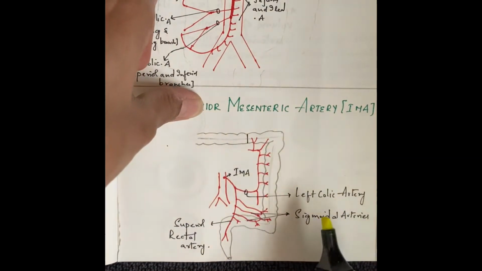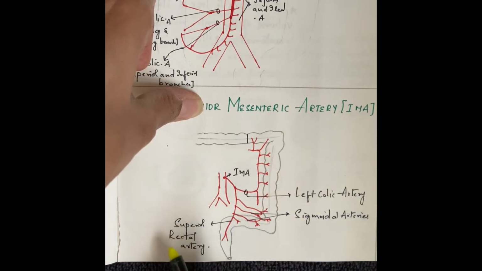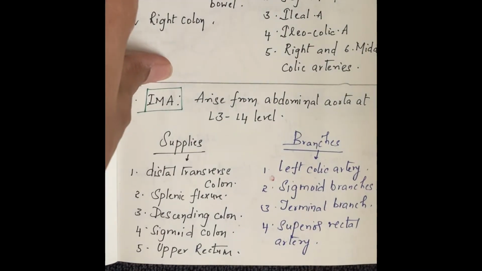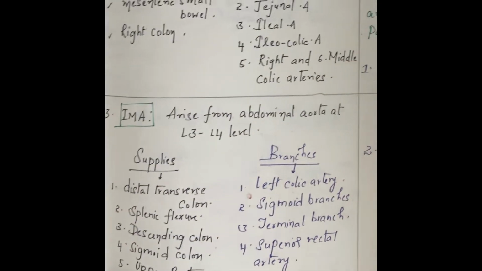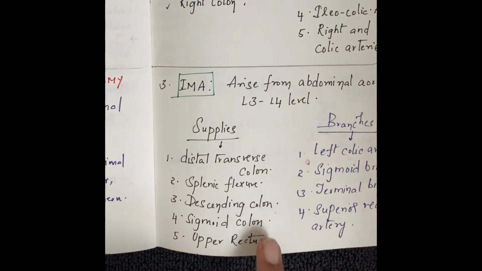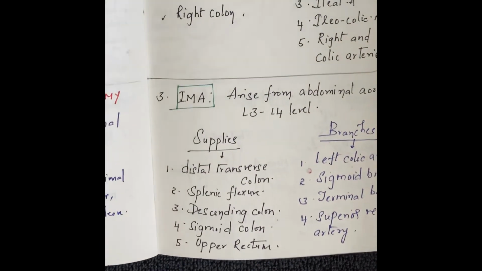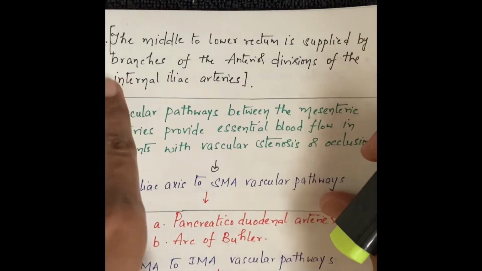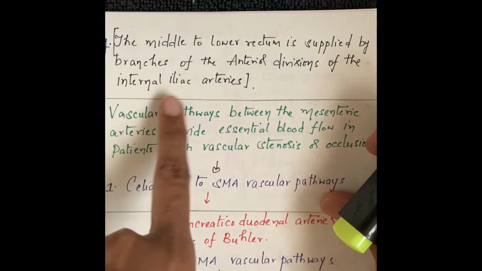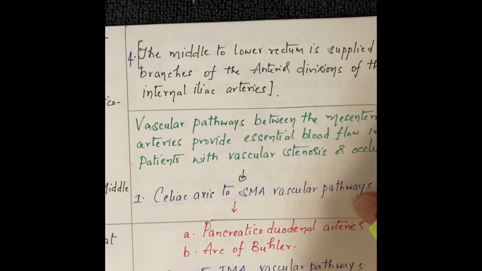It gives the left colic artery, sigmoid branches, superior rectal artery and terminal branches. Normally the upper rectum is supplied by the inferior mesenteric artery. The middle and lower rectum are supplied by branches of the anterior division of the internal iliac arteries.